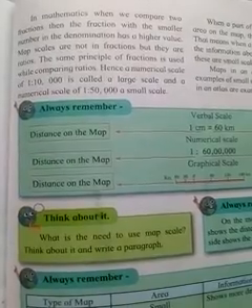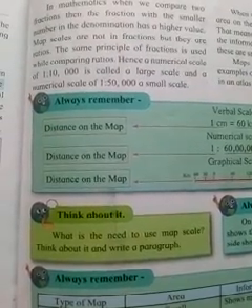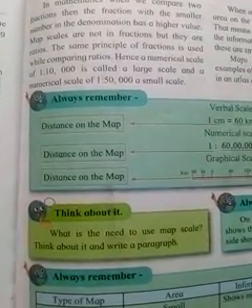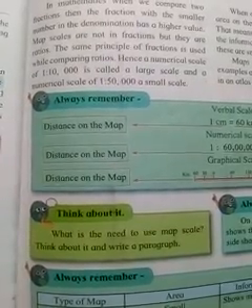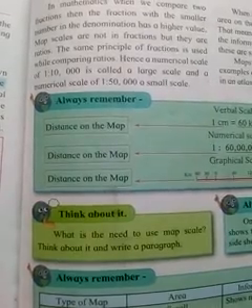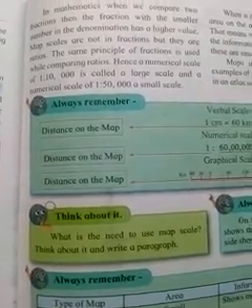The same principle is used when comparing ratios. Hence the numerical scale 1 is equal to 10,000 is a large scale and 1 is equal to 50,000 is a small scale.